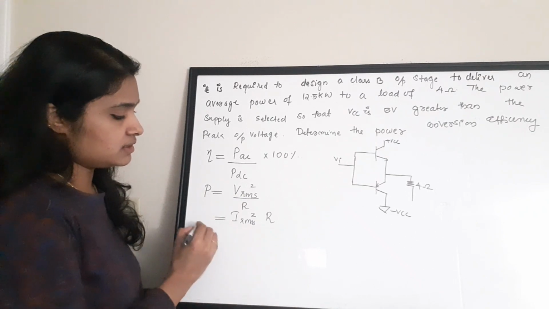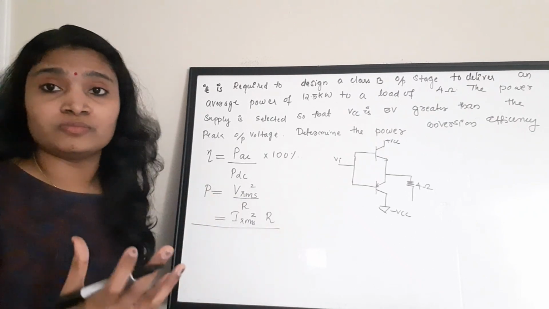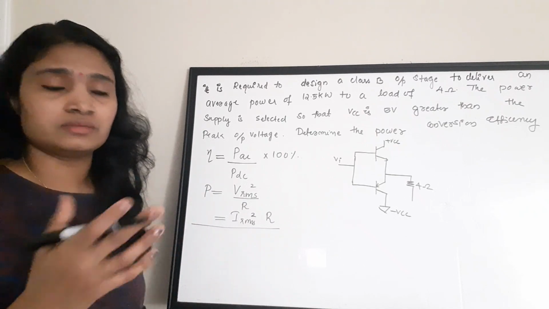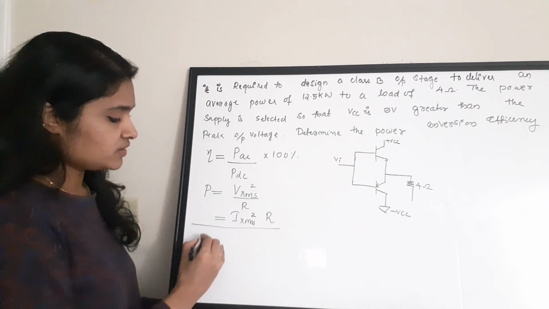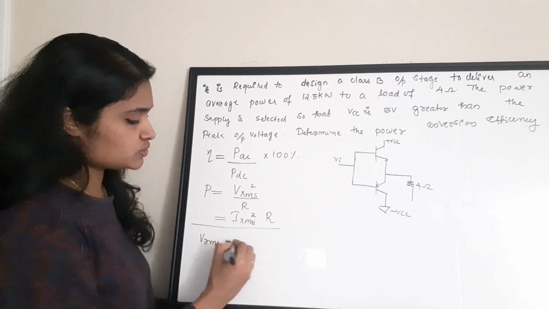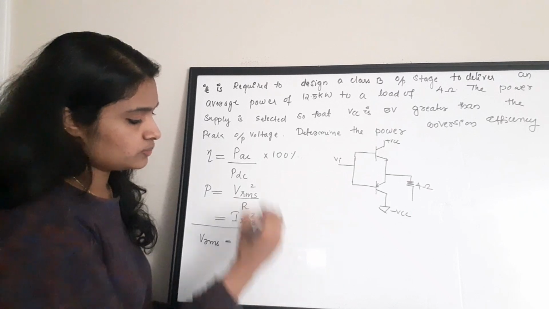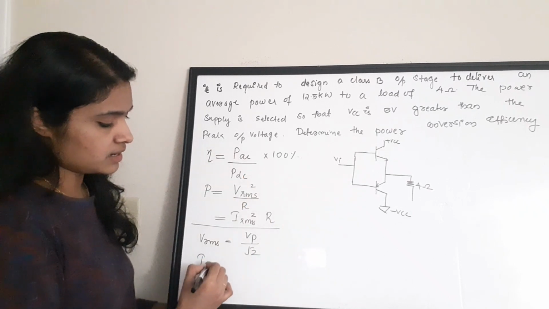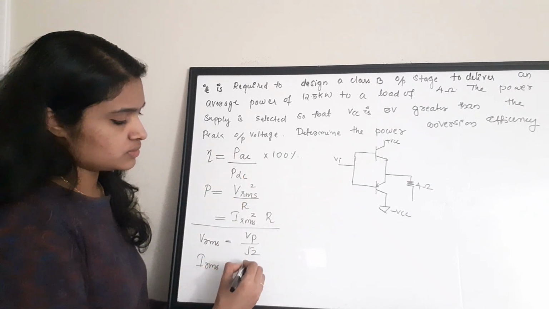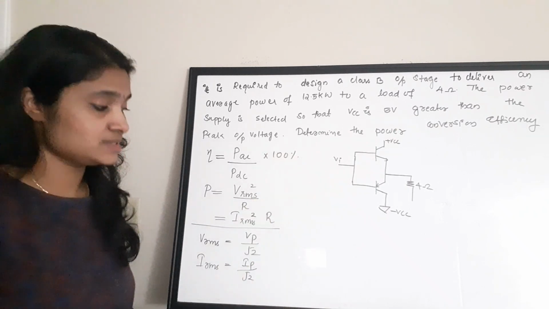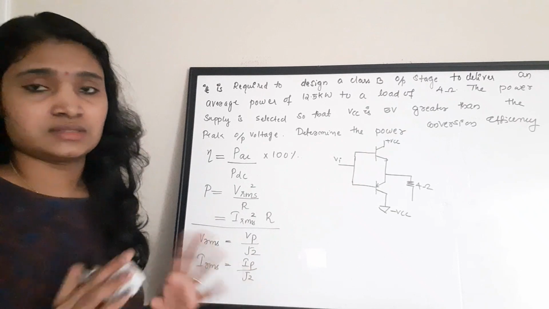Also, there is another relation between the peak value of voltage and current with the RMS values, that is Vrms is equal to V peak, that is Vp by root 2. Also, IRMS is equal to Ip by root 2. So these are some basic equations you should know to answer this question.